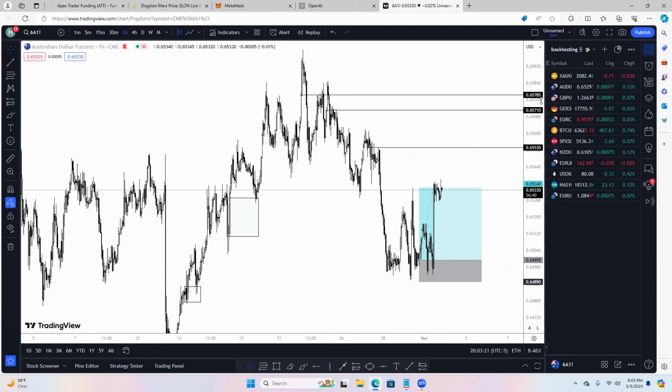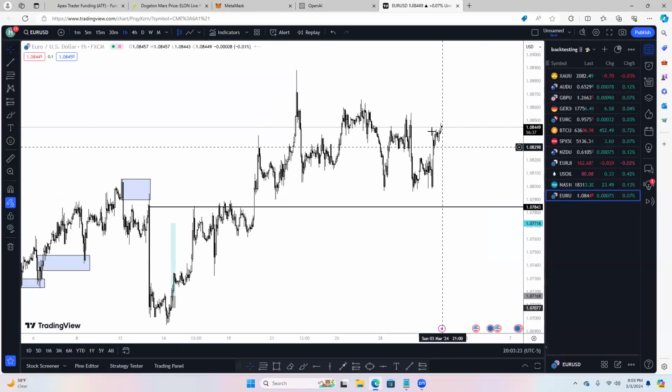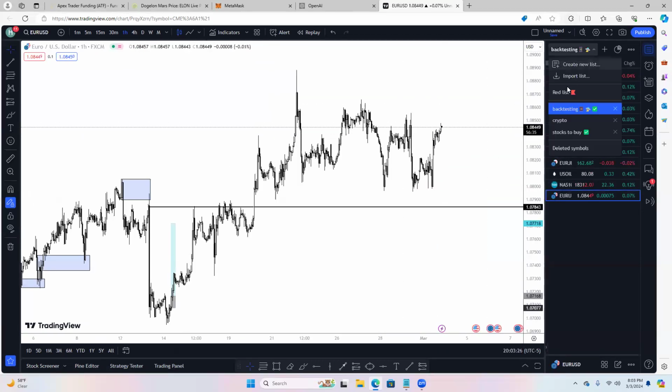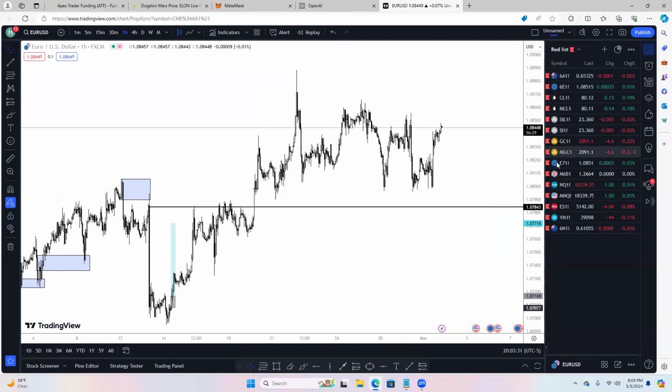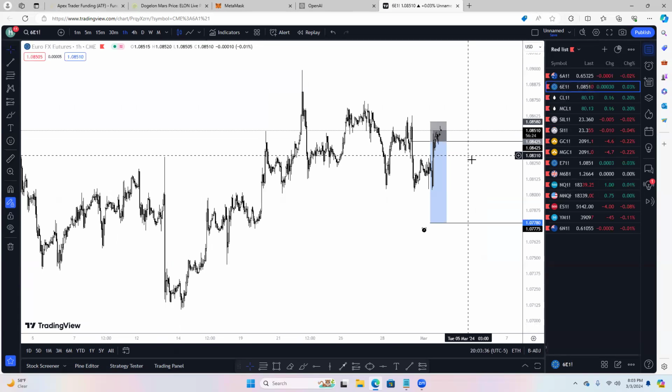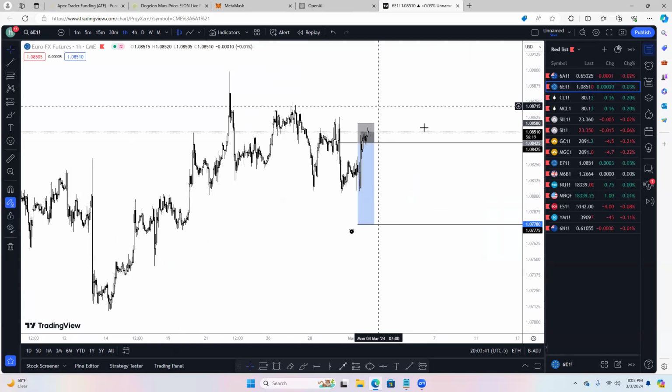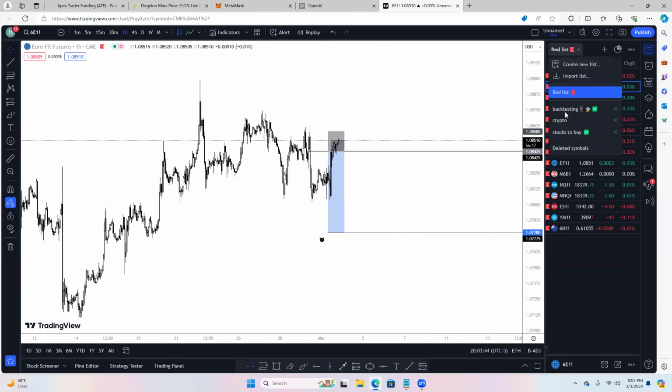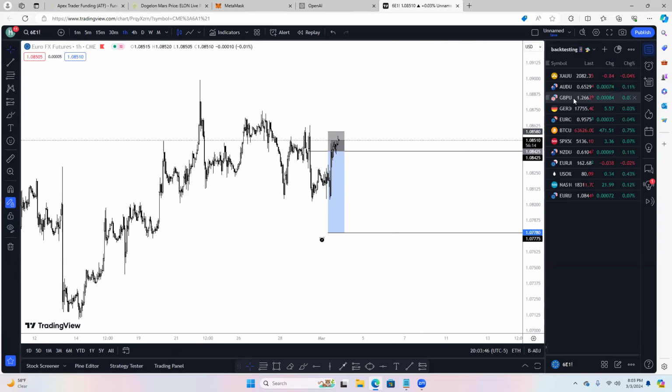All right, so if you look at the Euro USD, it's the same price action as what's going on here in Australian futures. It's the same thing going on in Australian futures.